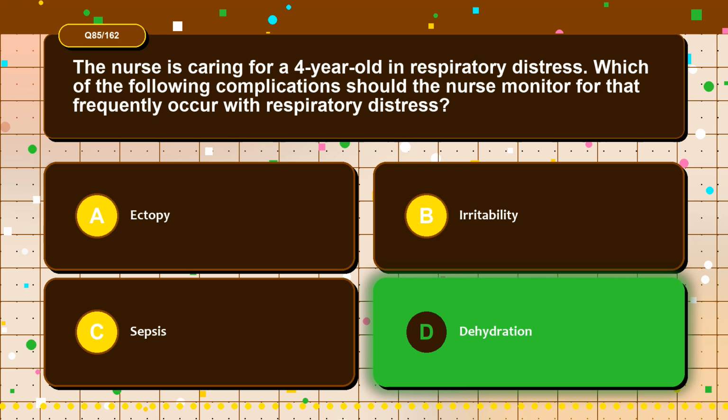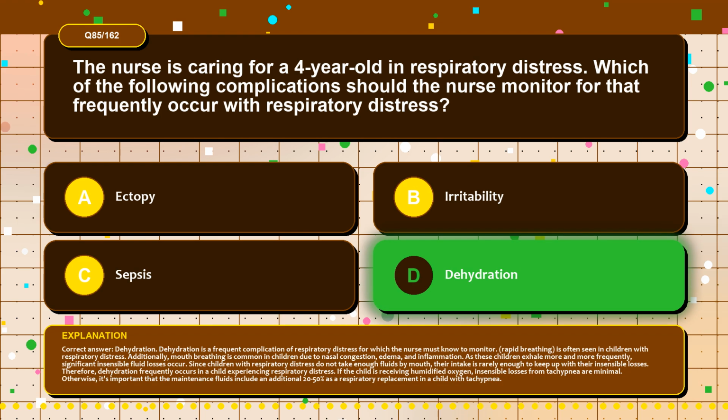Dehydration. Correct answer. Dehydration is a frequent complication of respiratory distress for which the nurse must know to monitor. Rapid breathing is often seen in children with respiratory distress. Additionally, mouth breathing is common in children due to nasal congestion, edema, and inflammation.